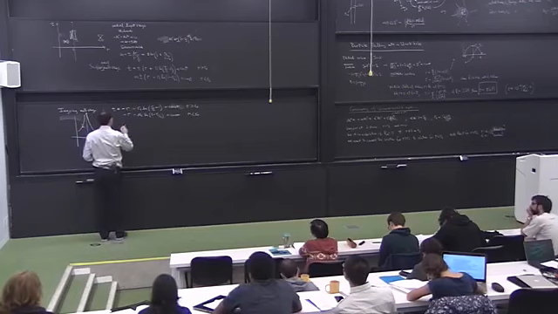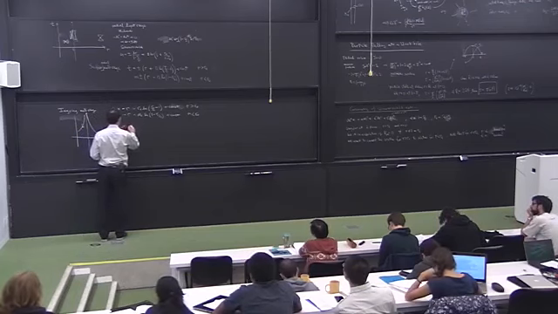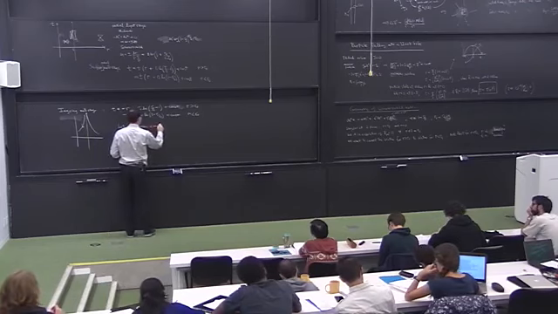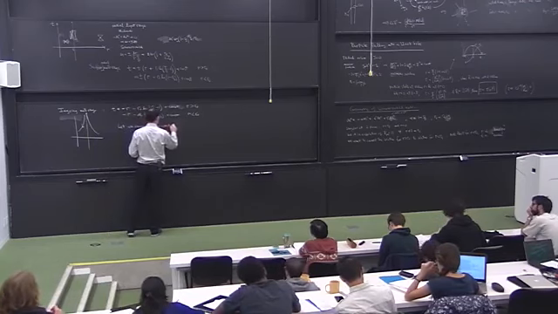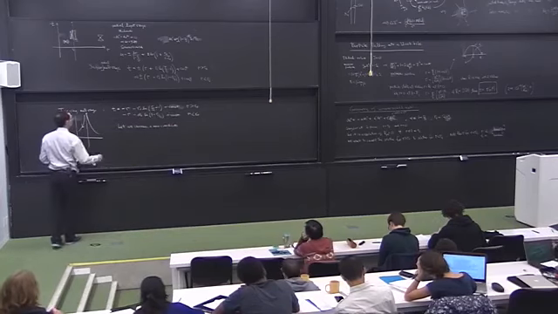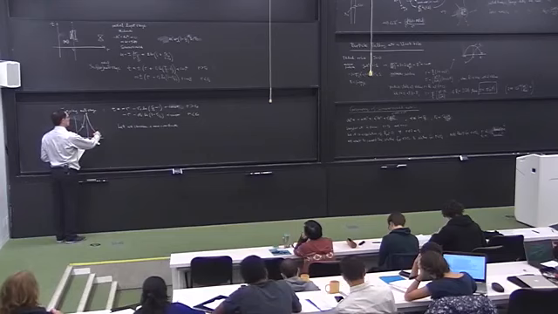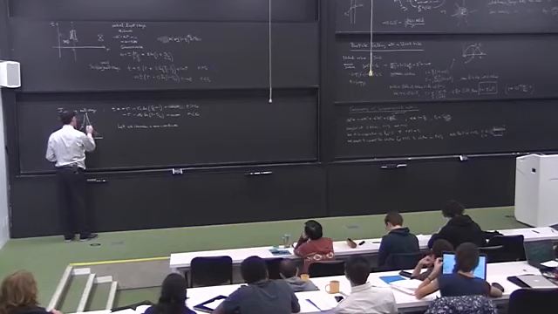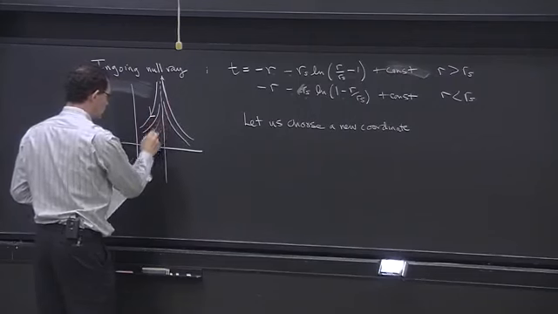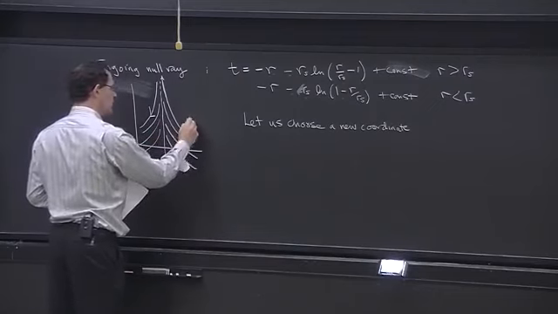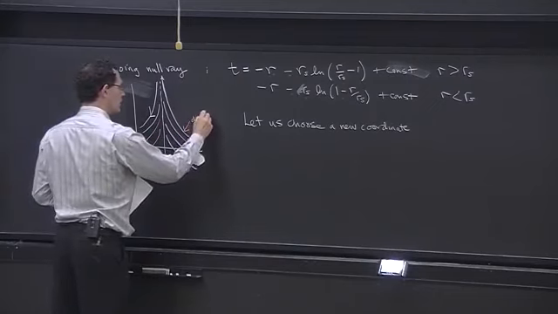So motivated by this, let us choose a new coordinate. The point is that if we have these null rays, we've got a family of them, right? For different values of the constant, we've got a whole family of these null rays.